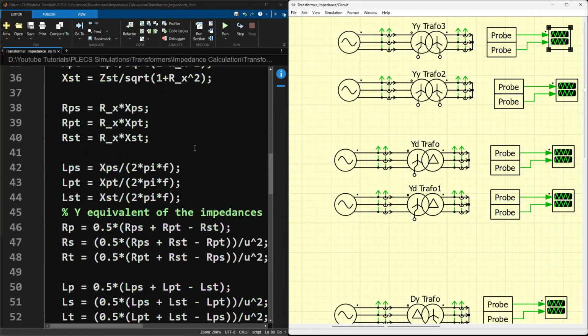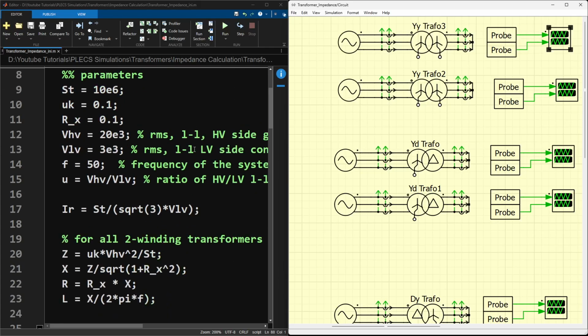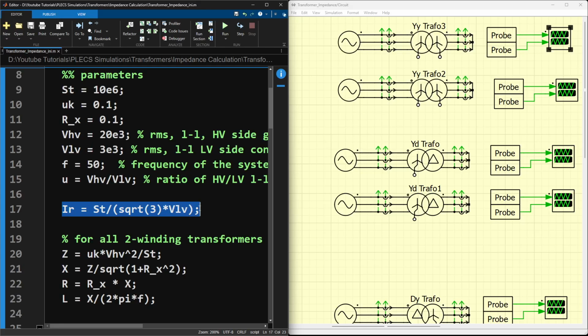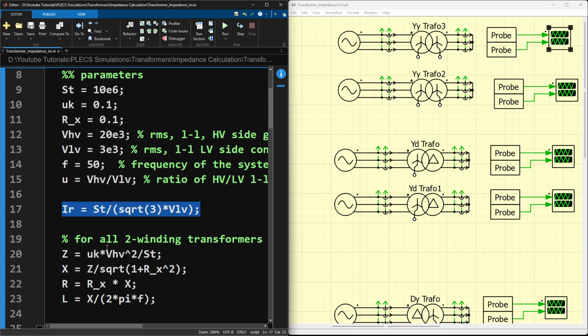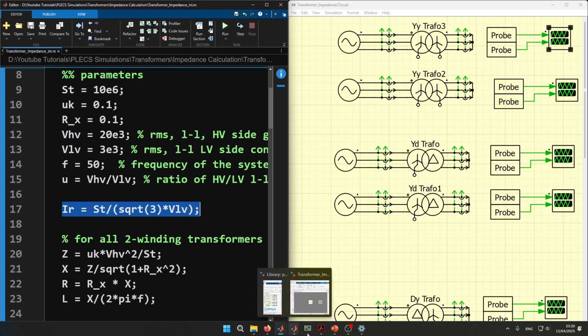If you remember, we also calculated the rated current using the script. Now let's check if the value of IR is 1.92 kiloamperes as shown by the graphs.